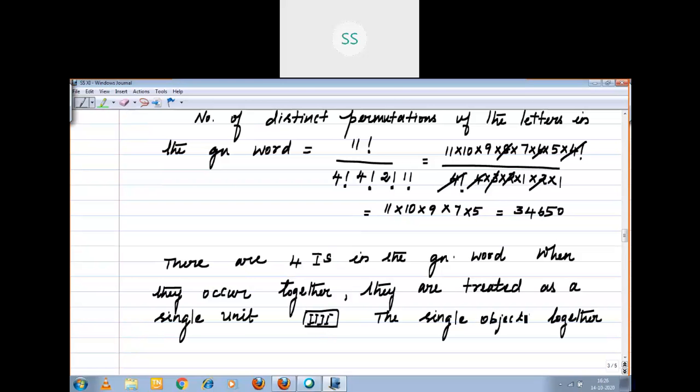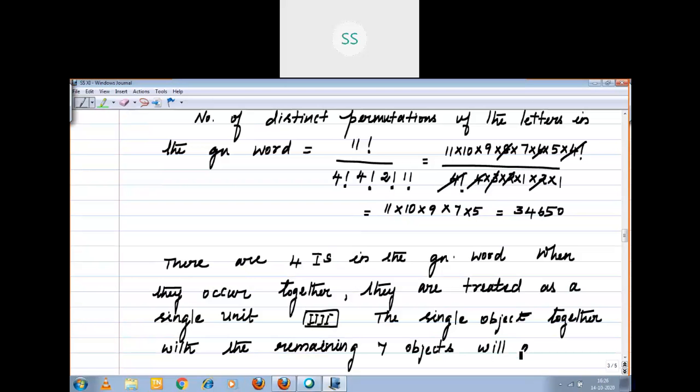The single object together with the remaining out of 11, 4 as a single unit. So how many remaining letters are there?